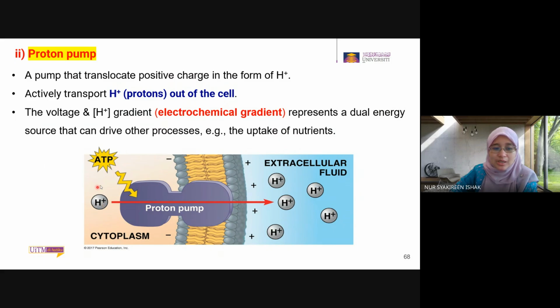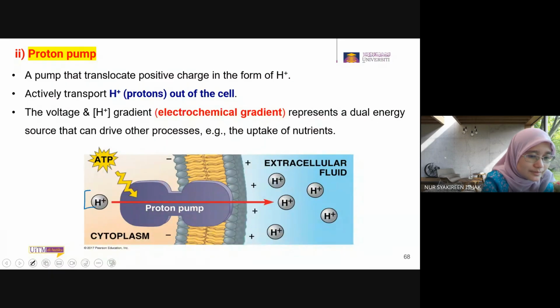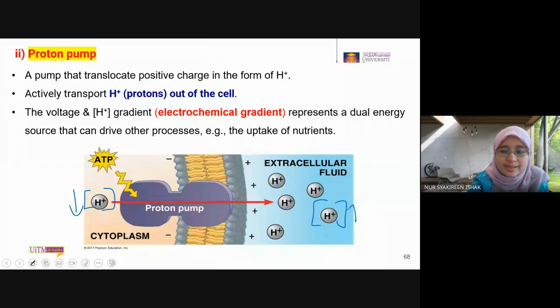Sodium from inside low concentration to outside high concentration. It is active transport. Sodium low, bukan sodium, hydrogen ion. Hydrogen ion outside high. From low to high is active transport. It requires energy from ATP.